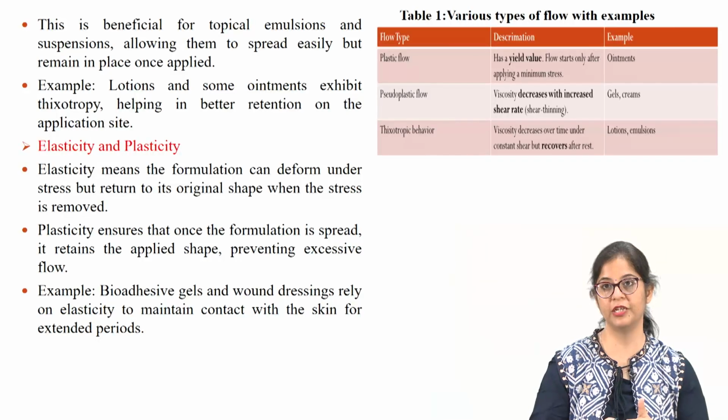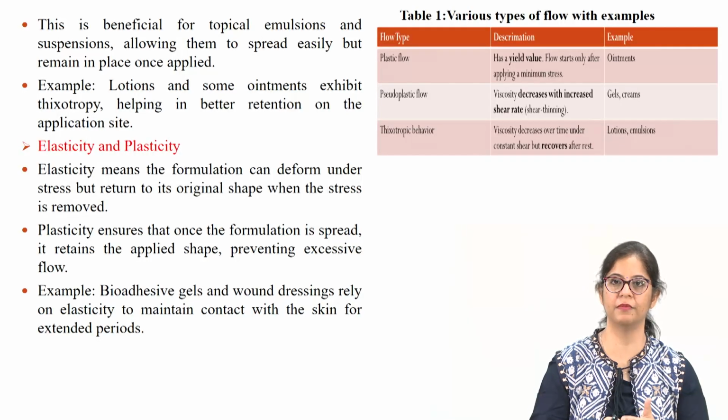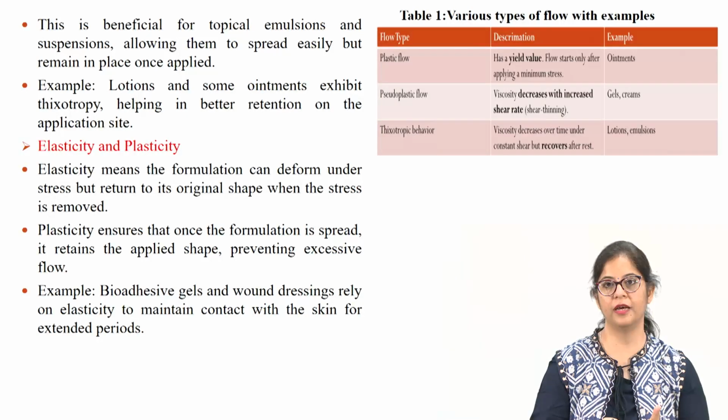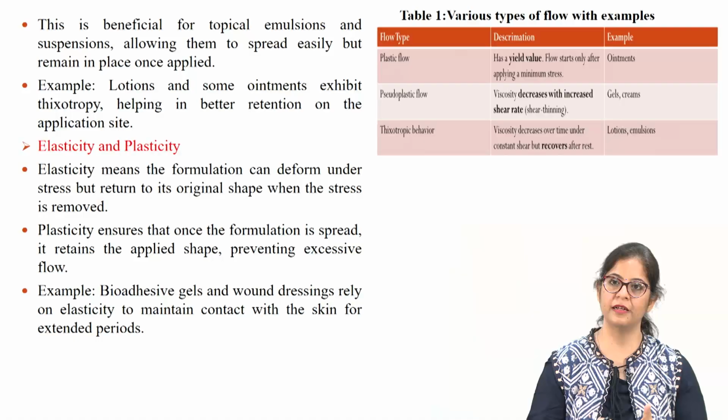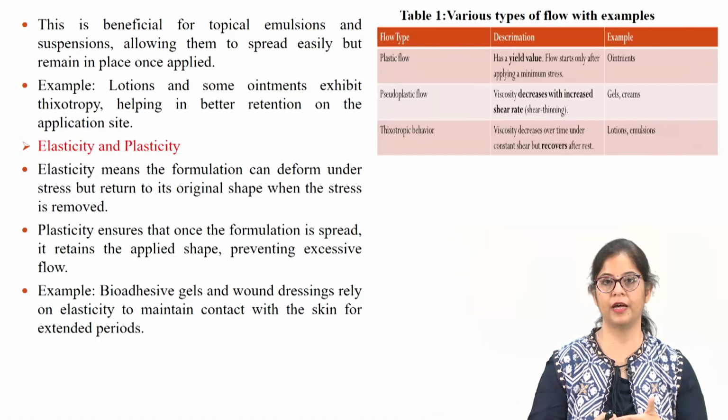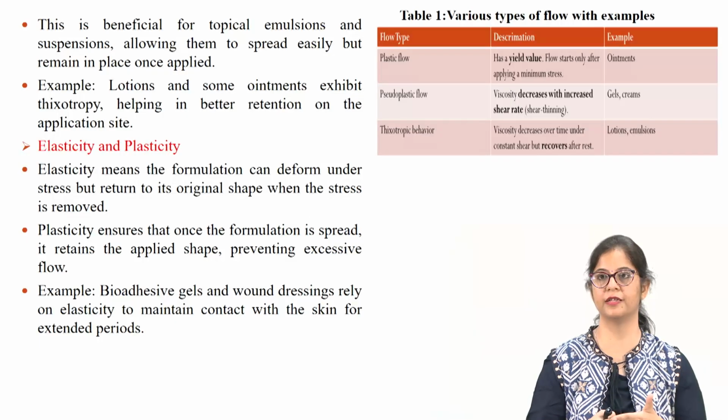Elasticity means the formulation can deform under stress but return to its original shape when the stress is removed. Plasticity ensures that once the formulation is spread, it remains at the applied area in the desired shape, preventing excessive flow. Bioadhesive gels and wound dressings rely on the elasticity to maintain contact with the skin for extended periods.